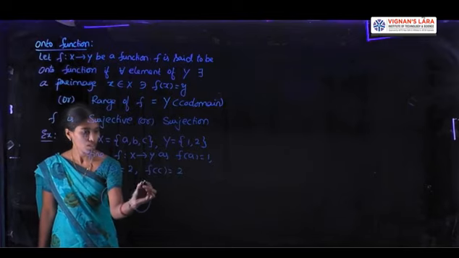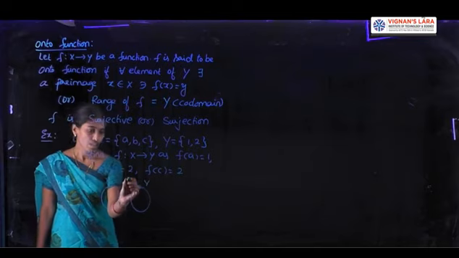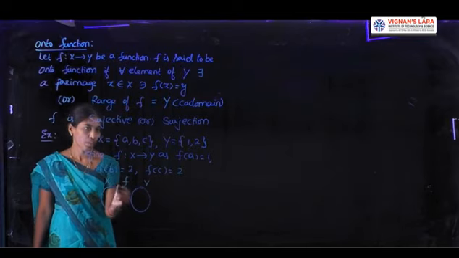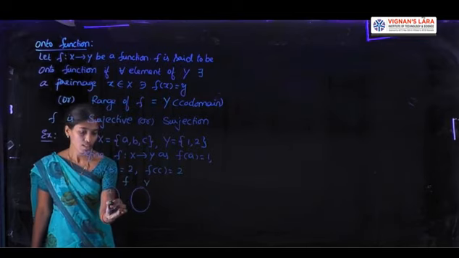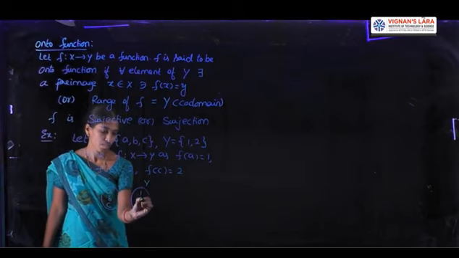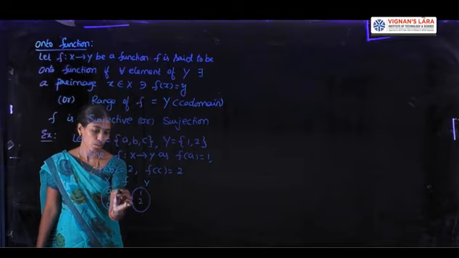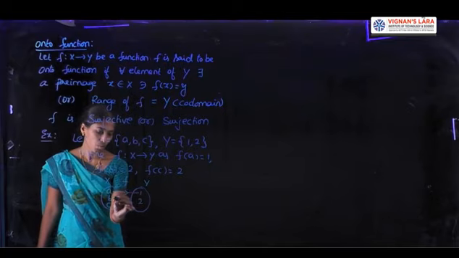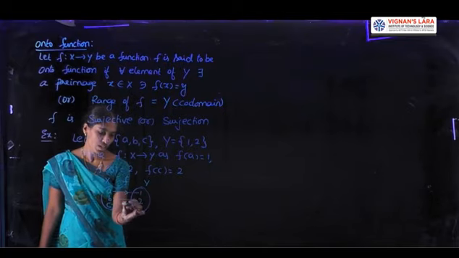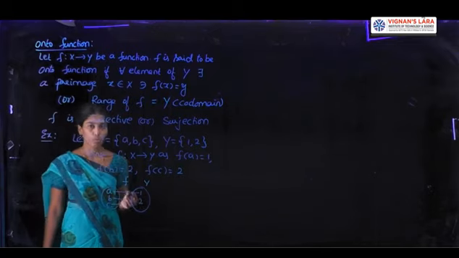We represent this using a diagram. f is a function from X to Y. X consists of 3 elements a, b, c. Y consists of 2 elements 1, 2. So a is mapped to 1, b and c both are mapped to 2.